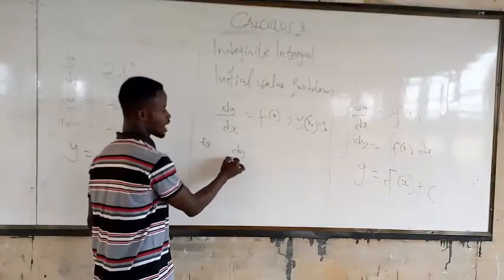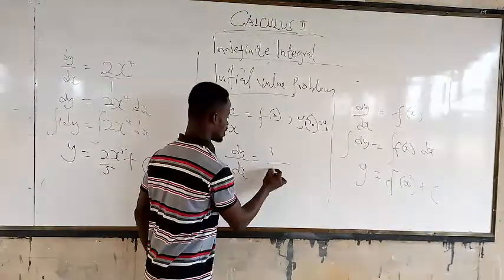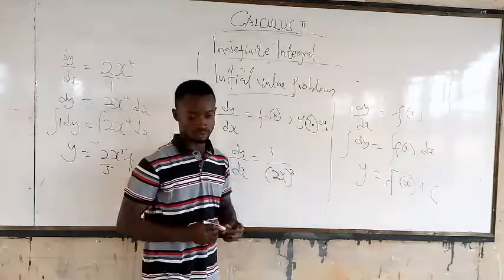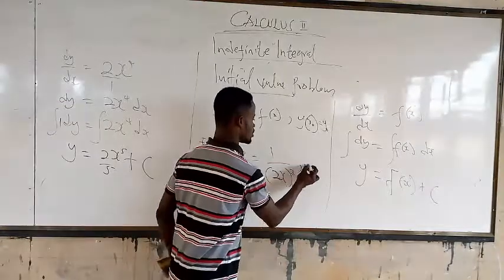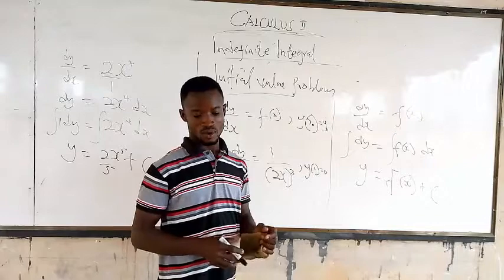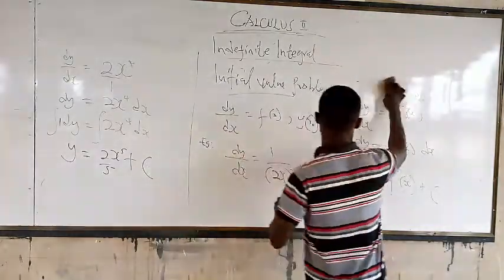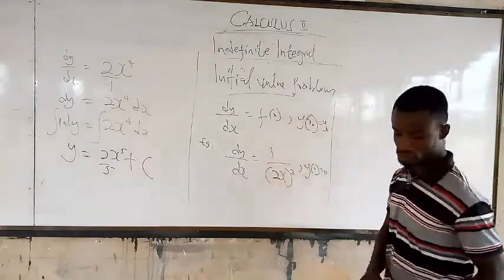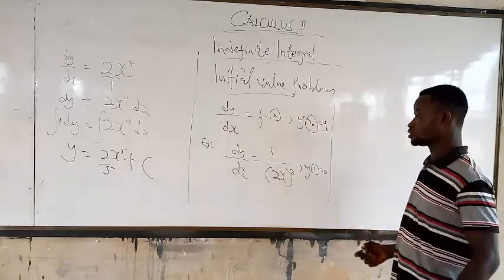We have dy/ds equal to 1 over 2s to the power 3. Having this, the initial value is y(1) equal to 0. This means that when s is equal to 1, y is equal to 0. Alright, so what will you do here?